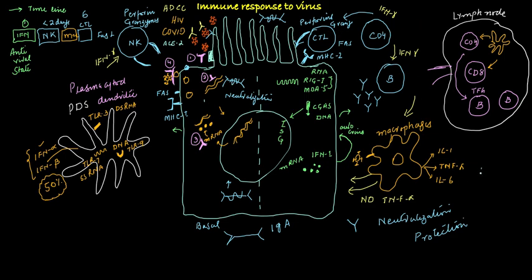So the one important thing that occurs at the end of viral infection is memory cell formation. Whether it is CD4 cells, CD8 cells or B cells, their memory cells will be formed and they can generate a stronger immune response more quickly.